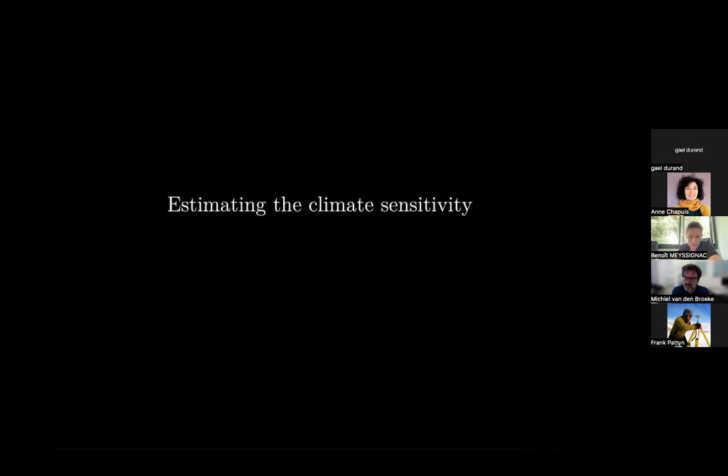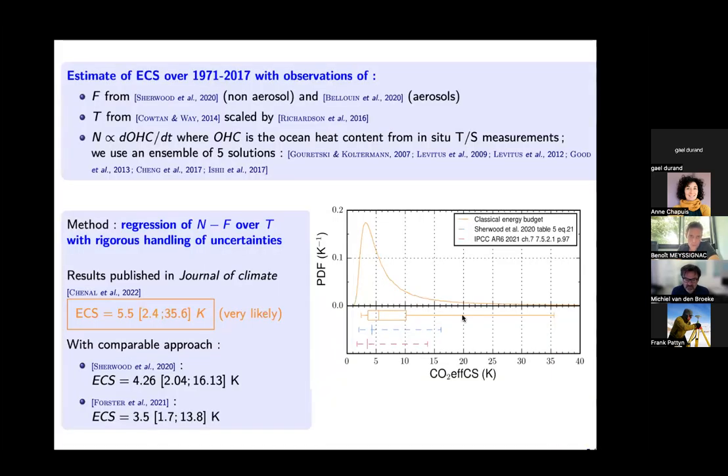So let me now show you how we constrain lambda and the climate sensitivity. It's a very classical approach. We use estimates of the forcing, the most recent estimate from Sherwood and colleagues in 2020, for the non-aerosol forcing.